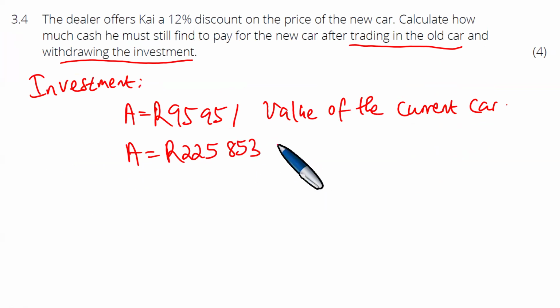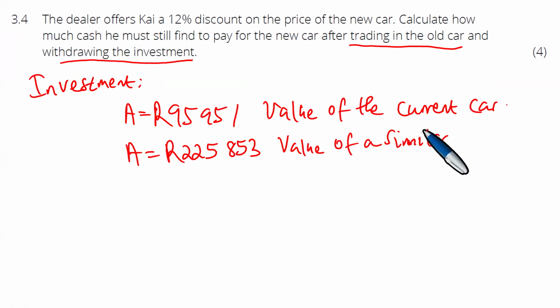So this one becomes the value of a similar new car. Right, so the value of a similar new car is going to cost 225,853.